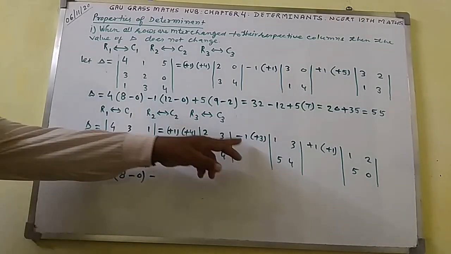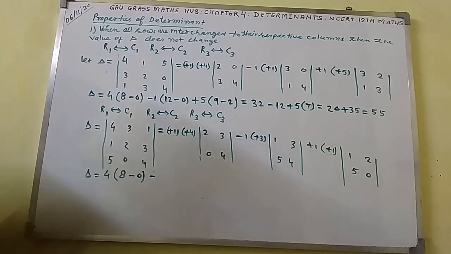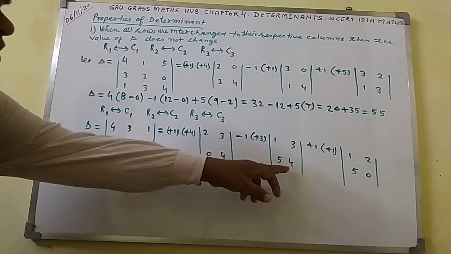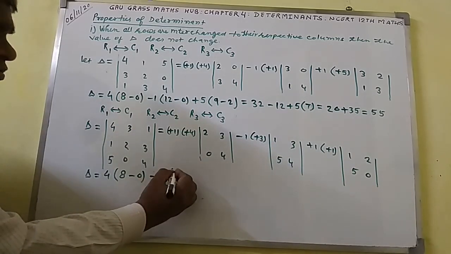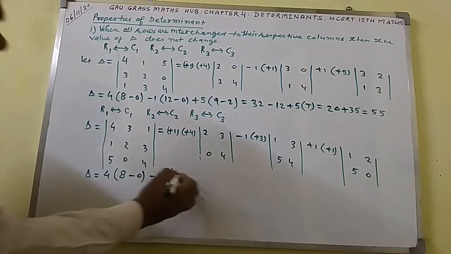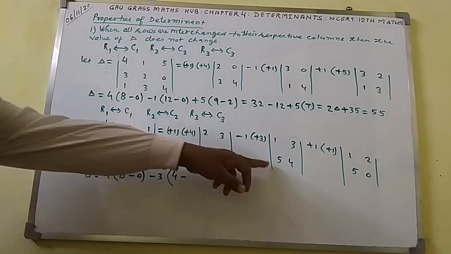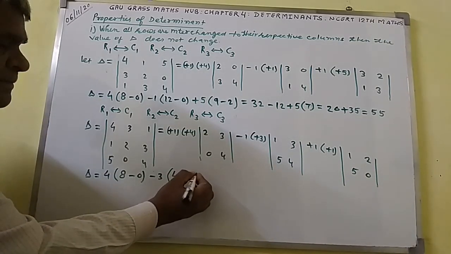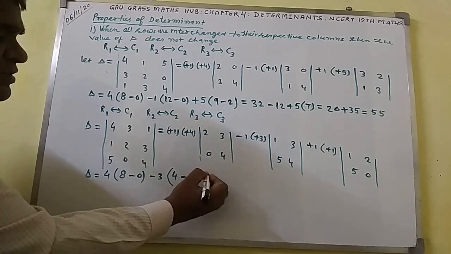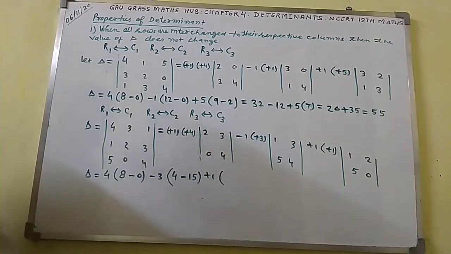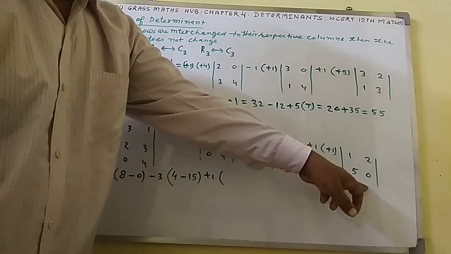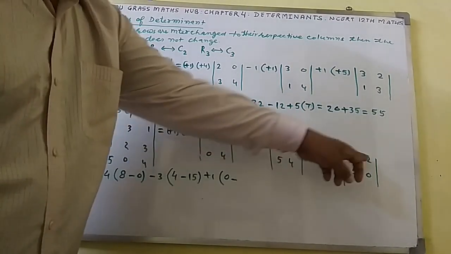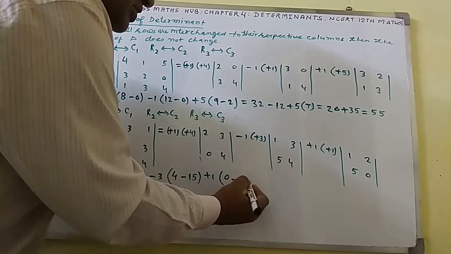Minus 1 multiplied by 3, we will get 3, and 1 multiplied by 4, we will get 4. Minus 5 multiplied by 3, you will get 15. Plus 1 and 1 multiplied by 0, we will get 0. Minus 5 multiplied by 2, we will get 10.